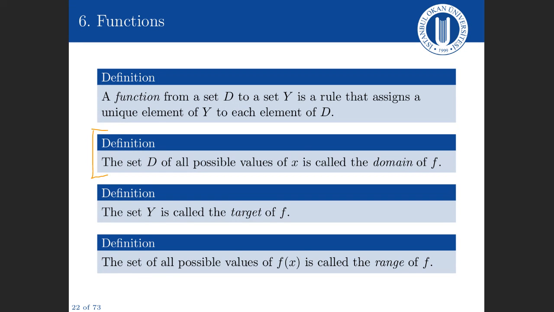This is called the domain of f. Set Y, the set that we end up in, the set containing small y, is called the target of f. And the set of all possible values of f of x is called the range of f.